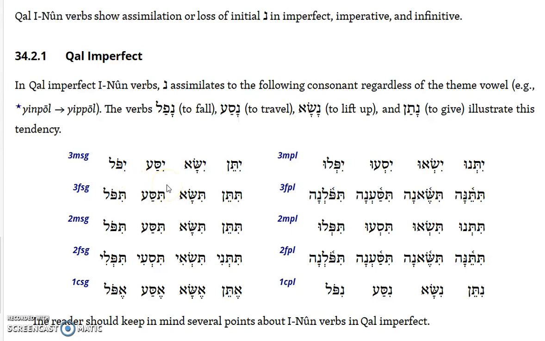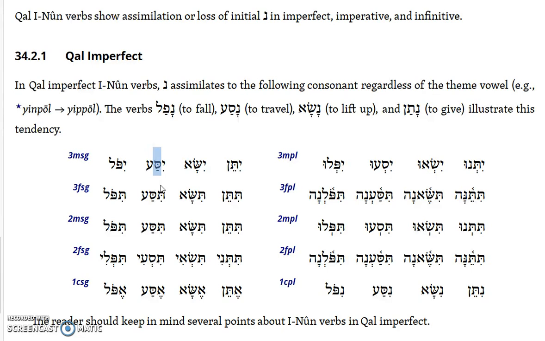Same thing with nasa, which means to travel. Theoretically, the third masculine singular imperfect should be yin-sa, but the noon will assimilate and become a samekh, and you get yissa. And then why write it twice when you can write it once and just put a dagesh in there? And so yissa is the form. Now, if you were to look at this dagesh in the middle of that letter under a microscope, blow it up 1,000 times, you'll find that what is really there is a little teeny tiny noon that has assimilated.